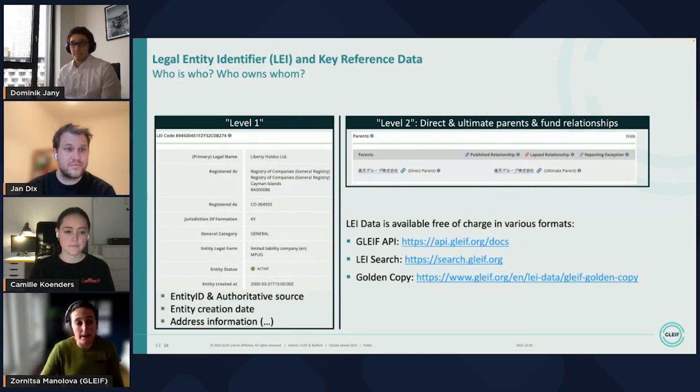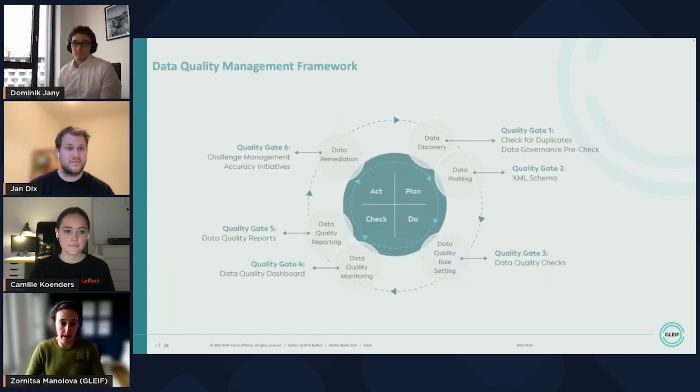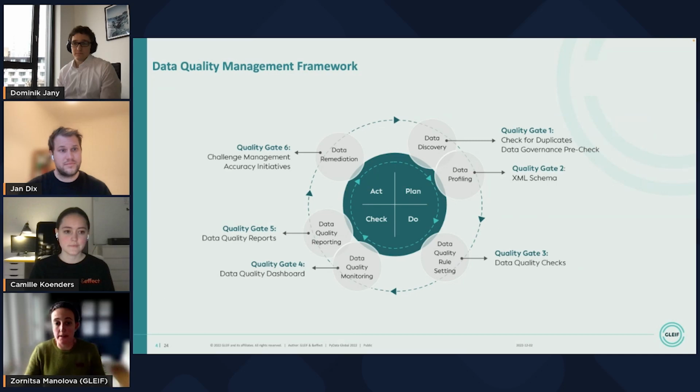And yes, I did mention public good, data is a public good. The LEI data, with all connected reference data of legal entities information, as you just saw it on the screen, is available as open source data free of charge on glyph.org. You don't even need to register or create an account.